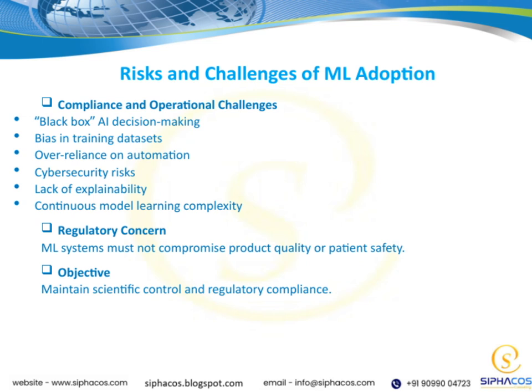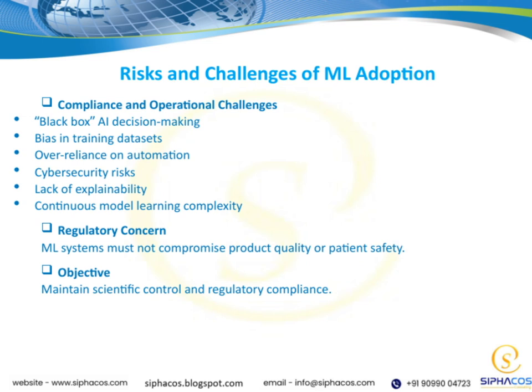Bias in training datasets is another major concern. If the data used to train our models is biased, it can lead to unfair or inaccurate results, which could compromise both safety and effectiveness. Over-reliance on automation is also risky. While automation can boost efficiency, we must be cautious not to become overly dependent on it, especially without proper oversight.